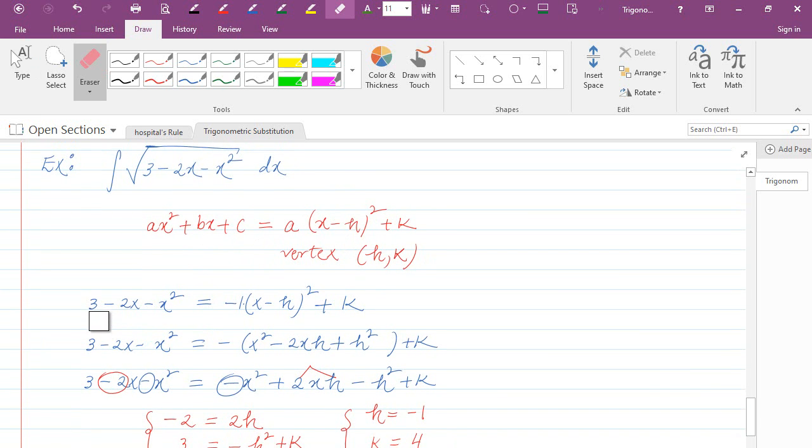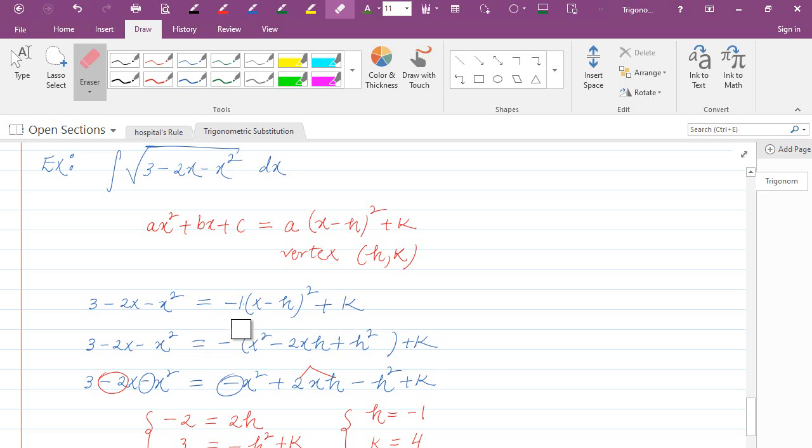So I have this integrand 3 minus 2x minus x squared, and so notice that when you complete the square, the leading coefficient a is what I have here. So when I complete this square, I'm going to have the leading coefficient, that is the coefficient of x squared, which is -1 here, times x minus the x coordinate of the vertex squared plus the y coordinate of the vertex.